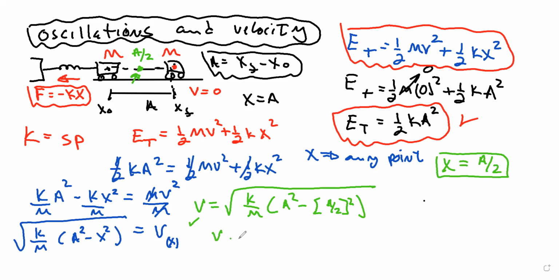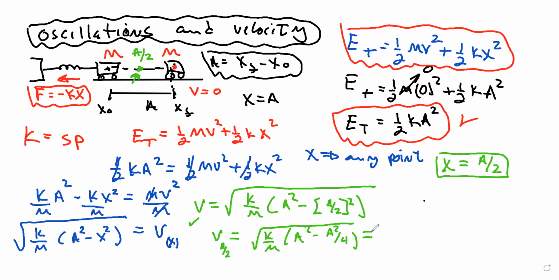So your velocity at A over 2 is going to be the square root of k over m times A squared minus A squared over 4.